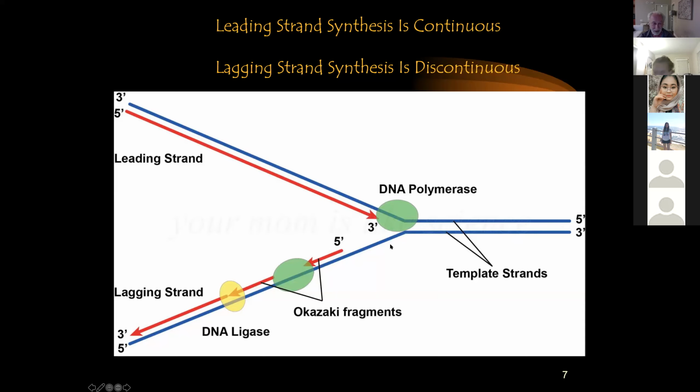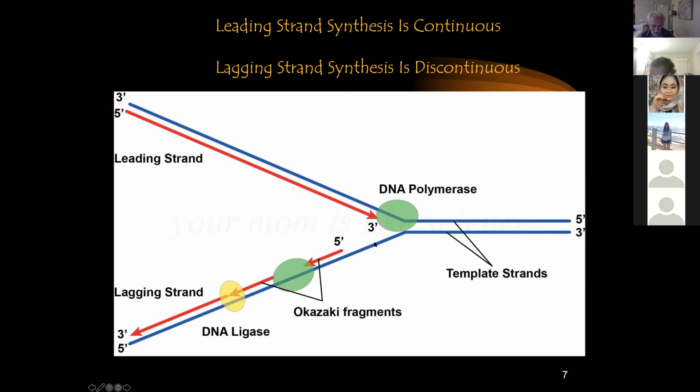Now, in contrast, on the lagging strand, the polymerase, remember, is going from 3' to 5', but much of the 3' end isn't unwound yet. The replication fork is moving from left to right. And so the enzyme that's synthesizing new DNA has to start at the replication fork and move toward the 5' end.